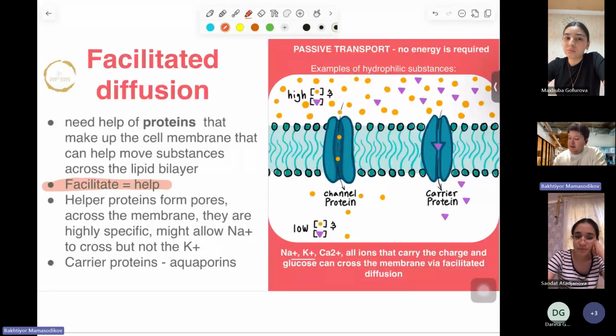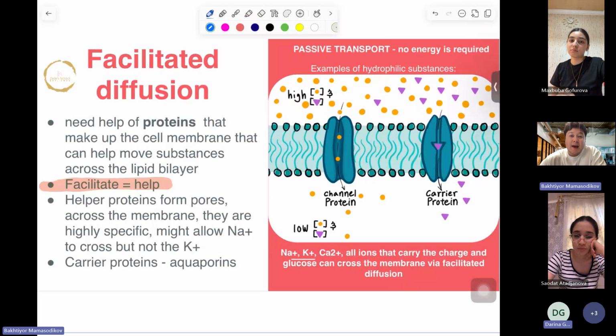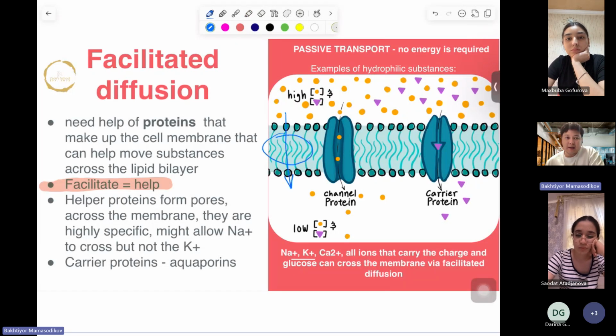Of course, facilitate means help, like making something easier to do. They help hydrophilic substances get into the cell, because hydrophilic substances cannot cross the membrane. They cannot cross the hydrophobic tails.